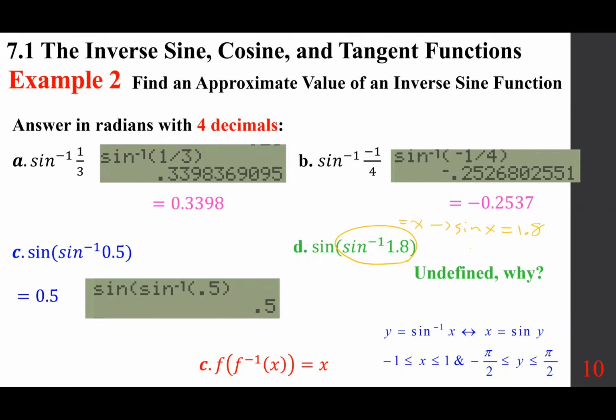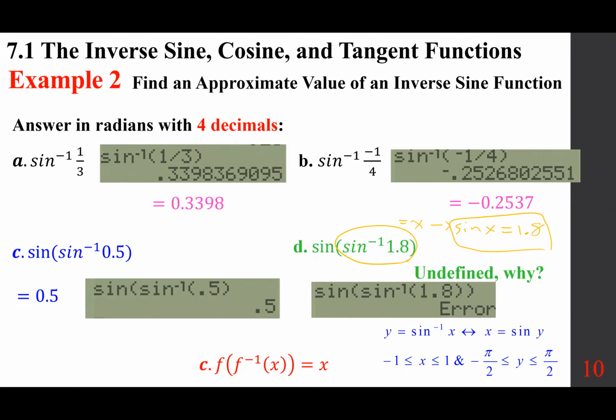That's the justification because sine can only go between negative 1 and 1. And there is no solution. Undefined, does not exist. If you put it into a calculator, it gives you an error.